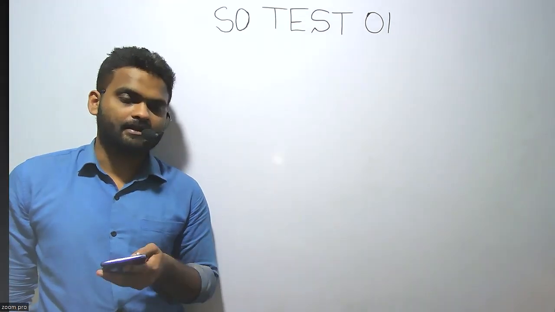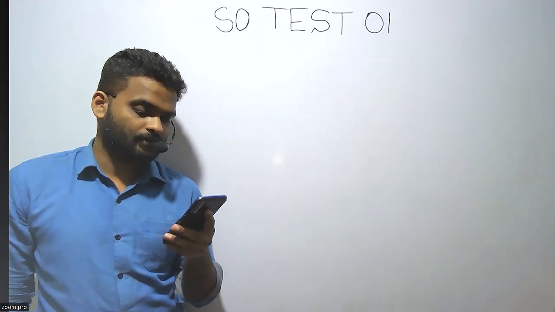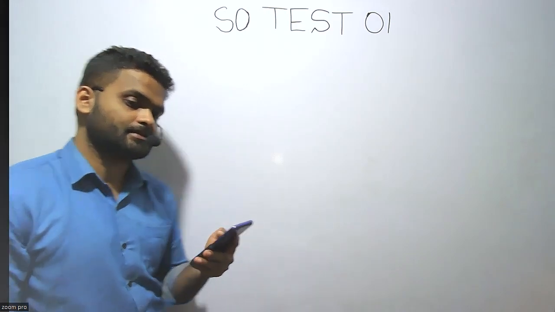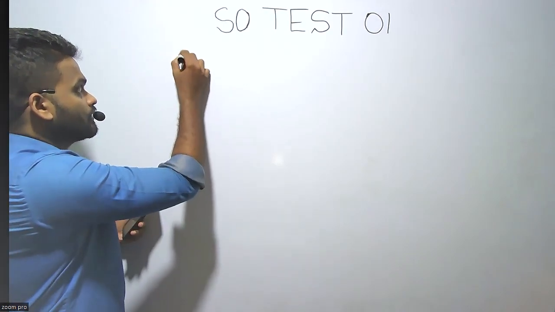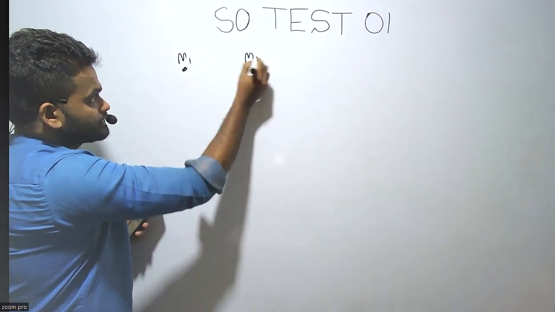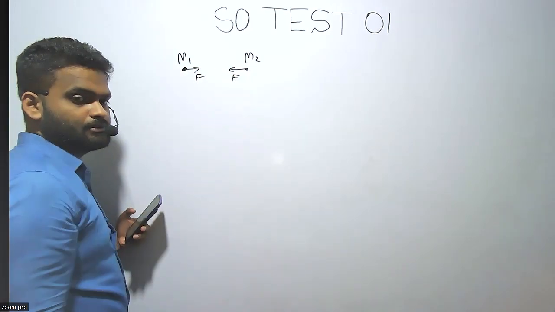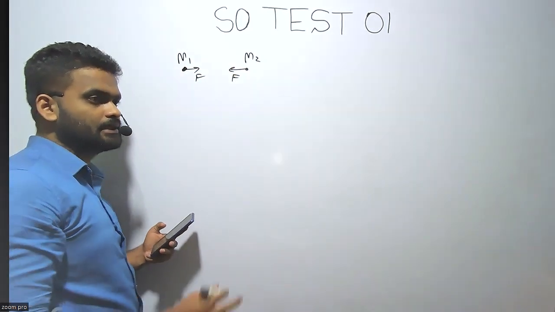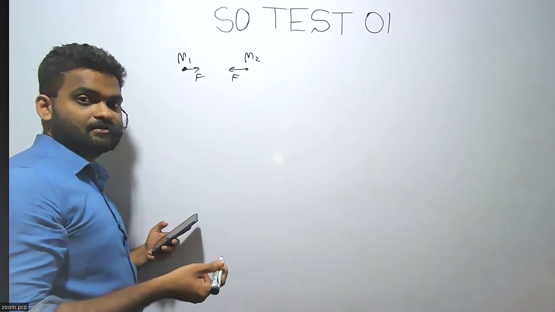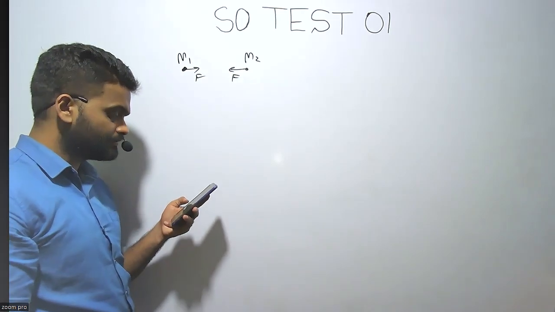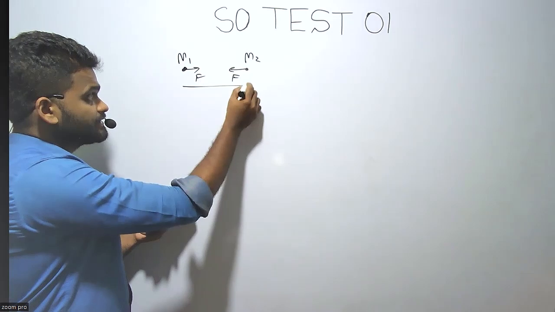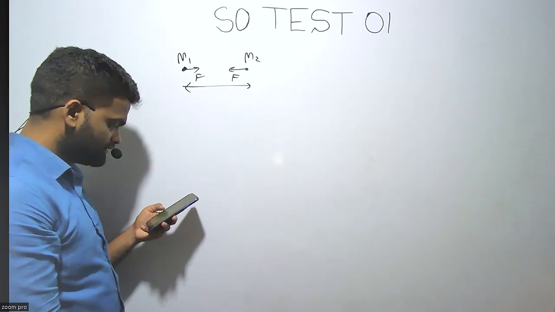Right. Then 12th question, gravitational force F between two masses. Let's say these are the two masses. Then there's a gravitational force. This is actually mutual gravitational force. You will learn this when you learn gravitational fields. And the distance between these masses is simple r.